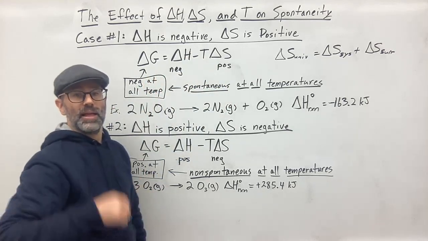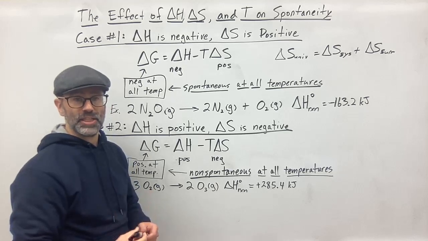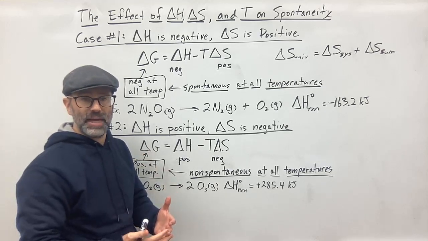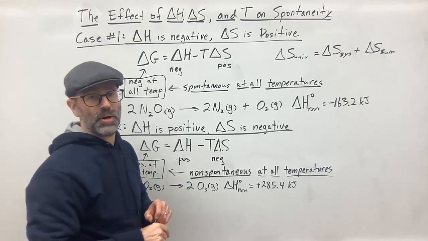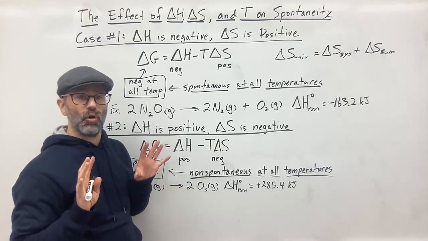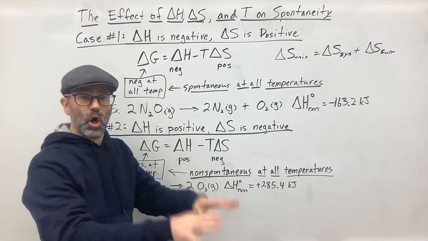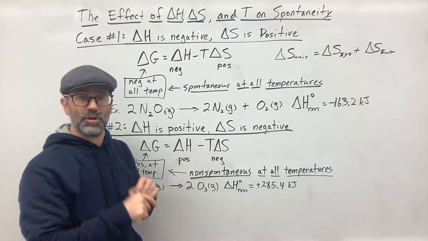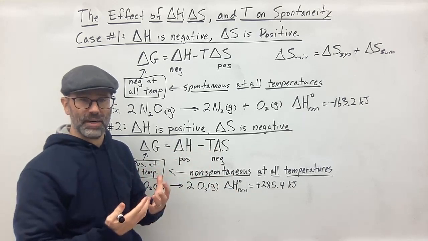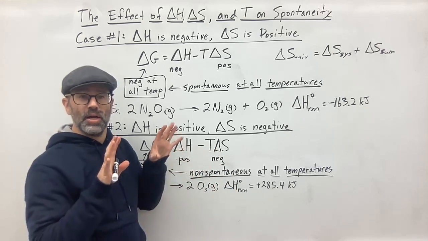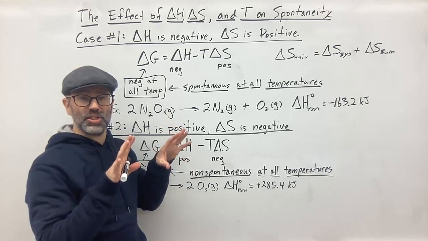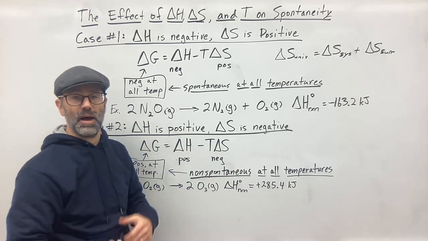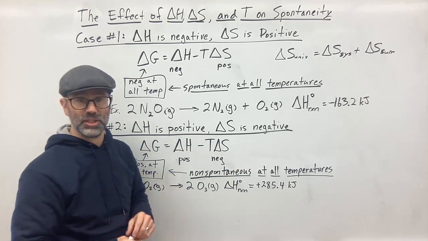And remember, delta G, or the Gibbs free energy, if the change in Gibbs free energy is negative, that means that it is spontaneous, because remember, all systems want to move towards a lower potential energy. And so remember, Gibbs free energy is a measure of that chemical potential. And so to have a change which is going to be negative, meaning decreasing, means a spontaneous reaction.